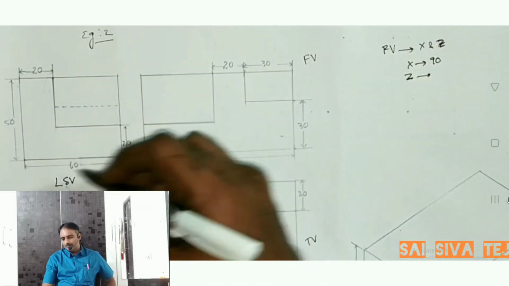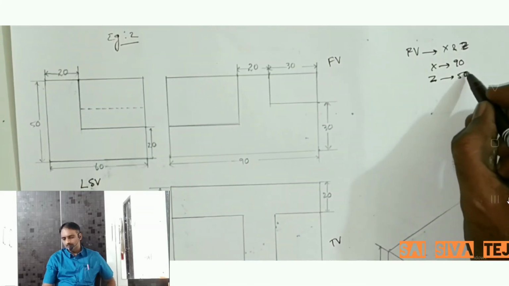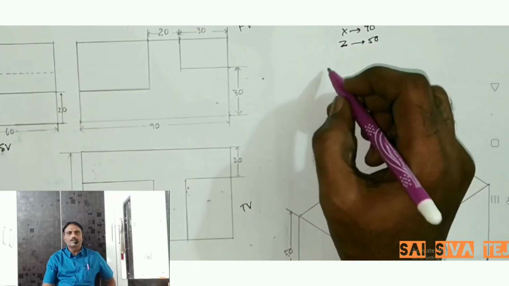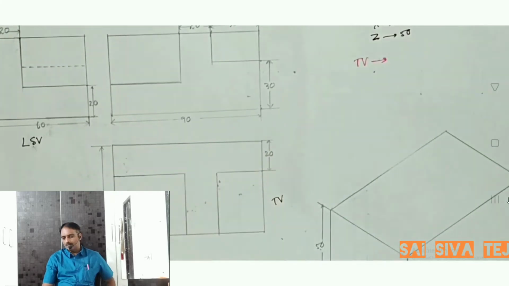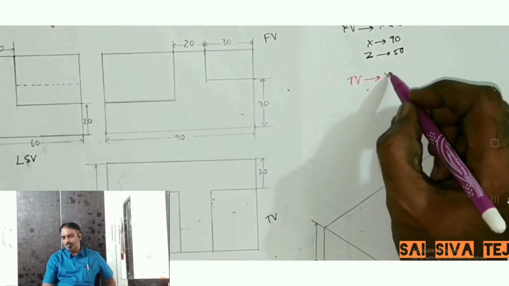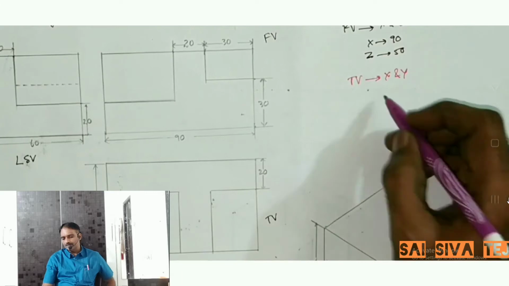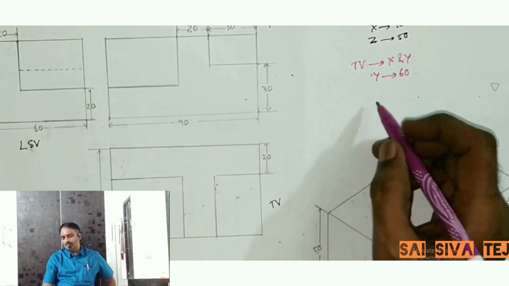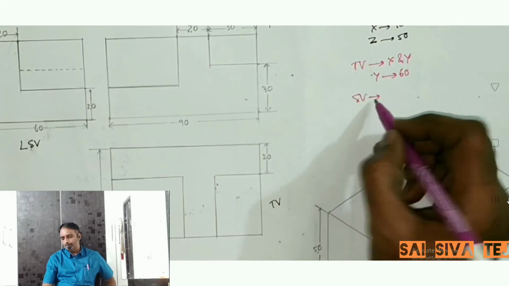From the top view, here we are going to get x and y. X already we know 90 units, hence I am not writing here, and y is 60 units. And from the side view, y and z, already y is known to us and also z.